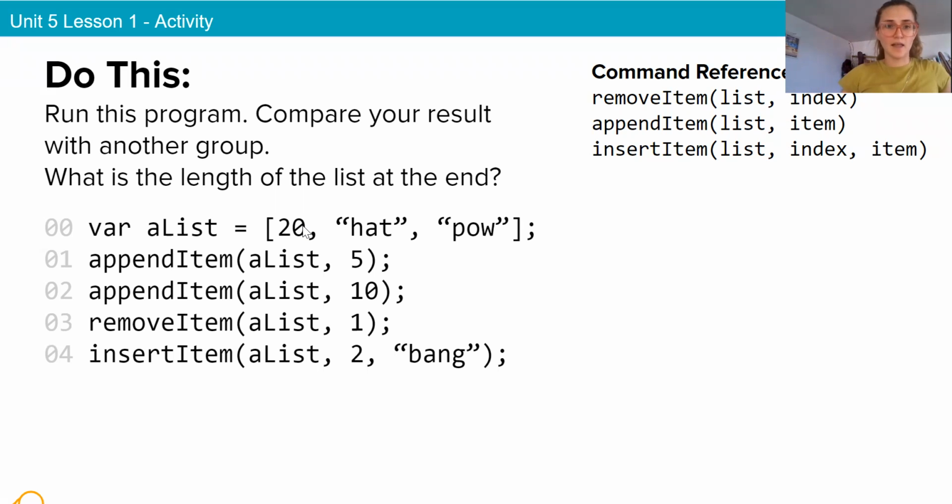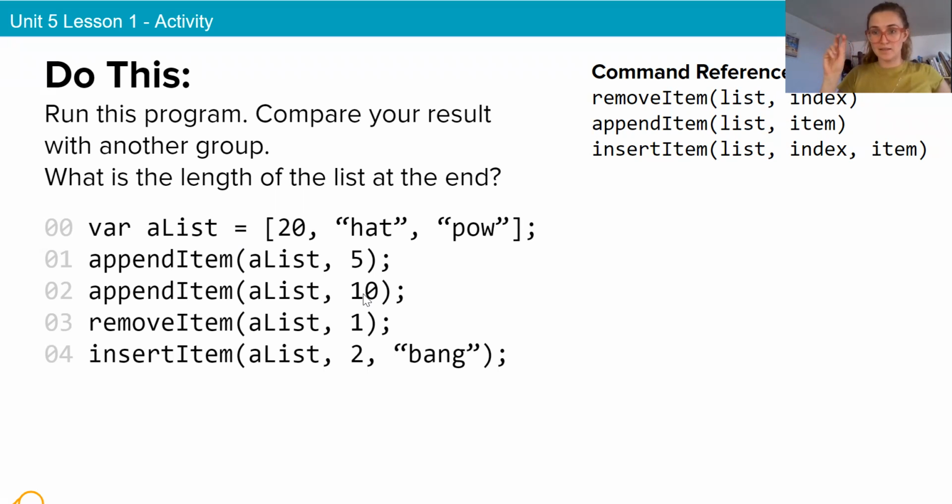And then lines 1 and 2 use the append command. Append, remember, adds an item to the end of the list. So we're going to add 5 to the end of the list, and then we're going to add 10 to the end of the list. So right now we have 5 elements within our list.